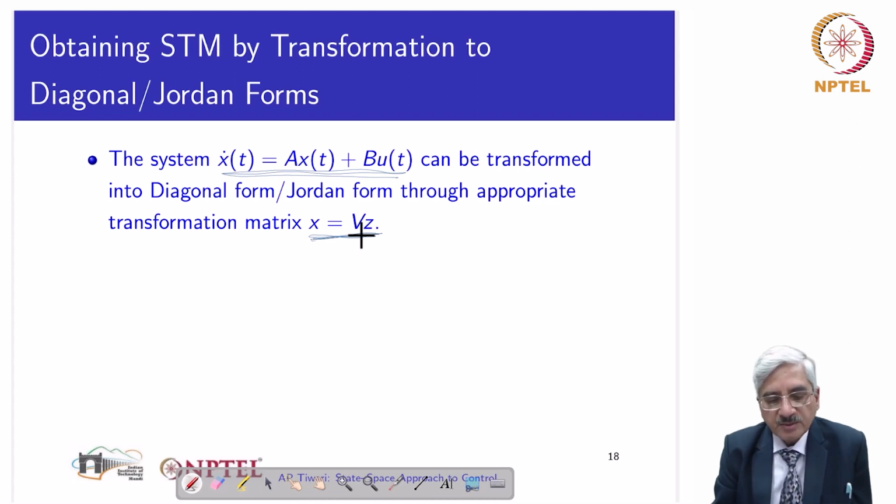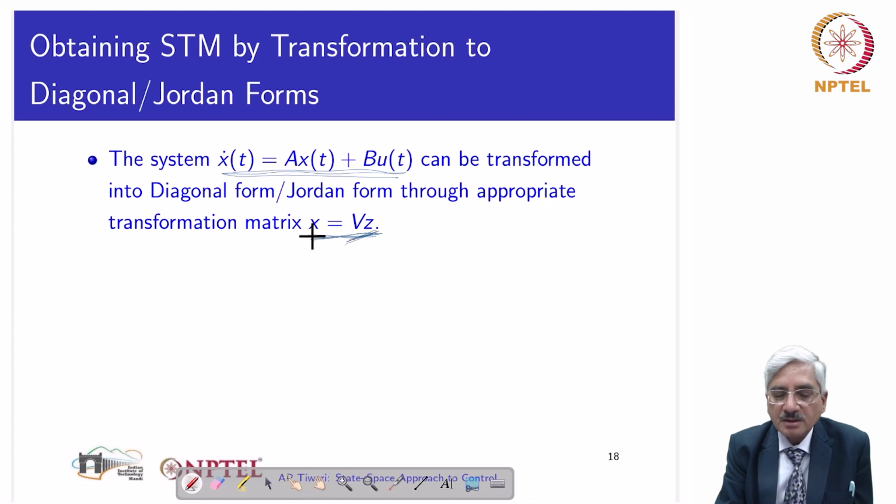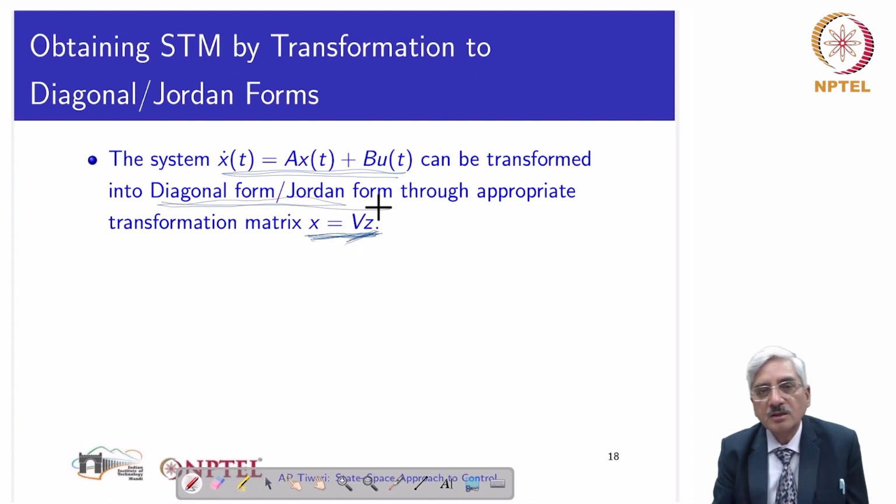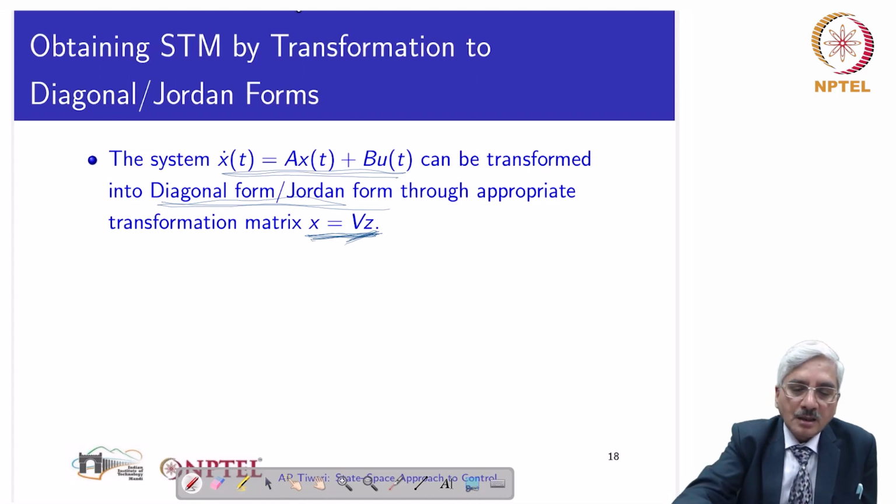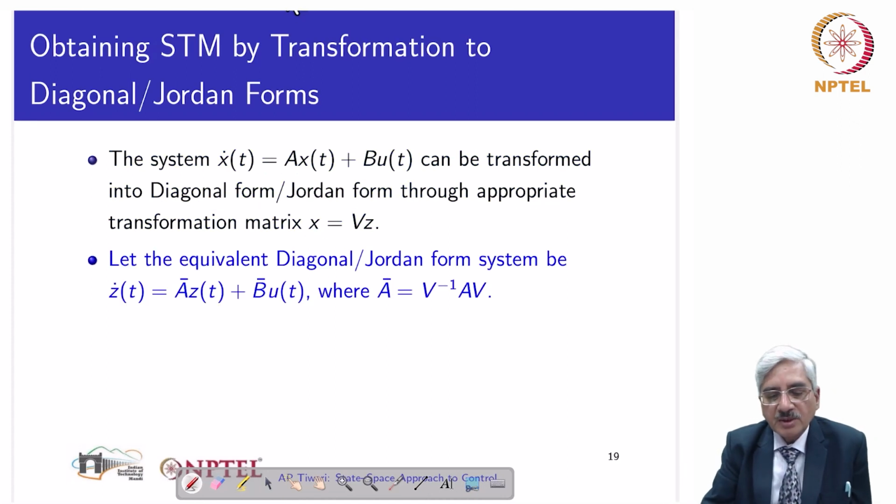We can apply those methods, obtain the transformation, and convert the system into either the diagonal form or the Jordan form, depending upon whether the roots are distinct or repeated. Expressing the matrix exponential for the diagonal and Jordan form matrices is simple.